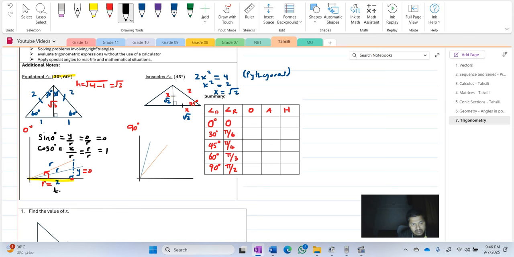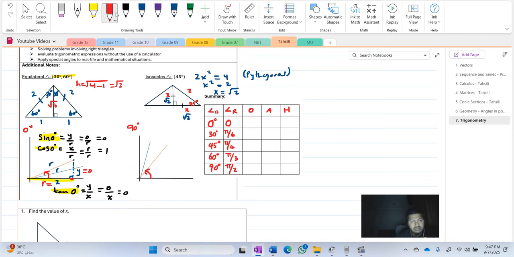Tan of 0 is y over x, opposite over adjacent, but y is 0, so you get 0 over x, which is 0. So these are your 0 degree values. I hope you understood that. So 0 is basically a horizontal line, there is no height. But now let's look at 90 degrees. We are moving theta there.